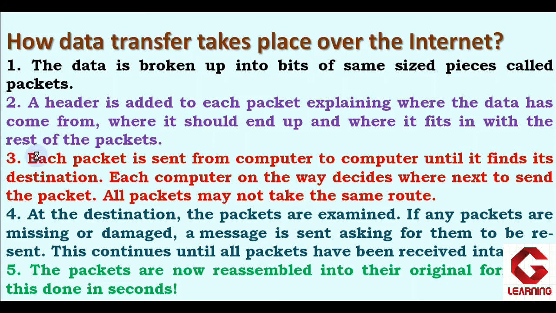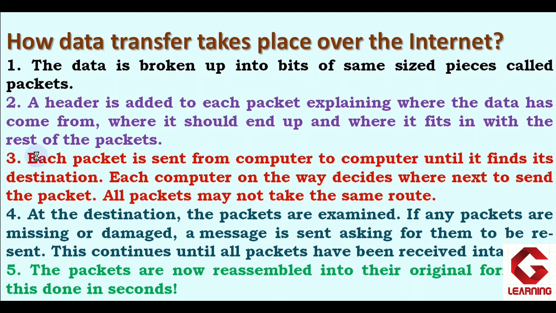Now thereafter, fourth step, at the destination the packets are examined. If any packets are missing or damaged, a message is sent asking for them to be resent. This continues until all packets have been received intact.